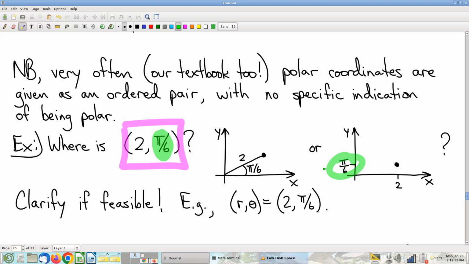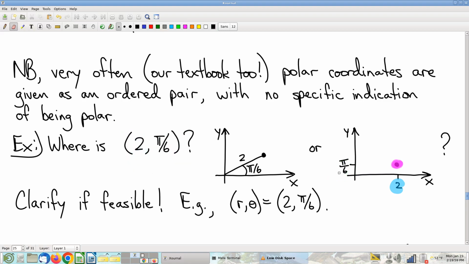Pi over 6, therefore, could have been y. I mean, it'd be weird, but it could have been a reference to pi over 6 being y, and therefore 2 being x, and so it could be talking about this point, and this is definitely a different point than the one over there. So heads up.